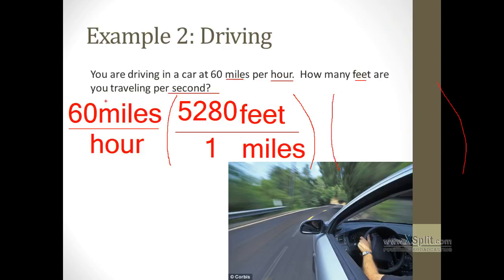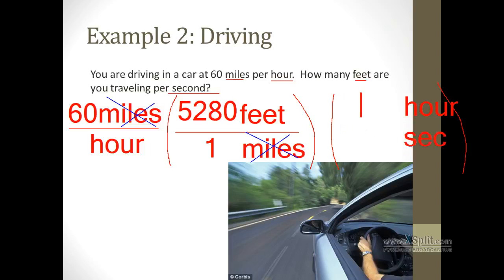By the way, miles will just cancel here. Currently we have feet per hour. I also want to convert hours into seconds. I see that hours is on the bottom right now, so I'm going to put hours on top, and I want to convert that into seconds.